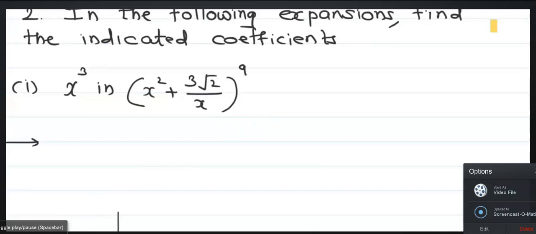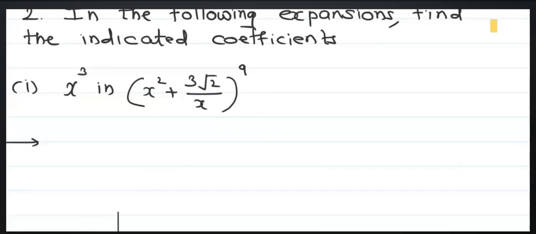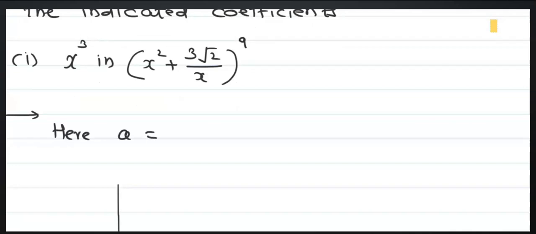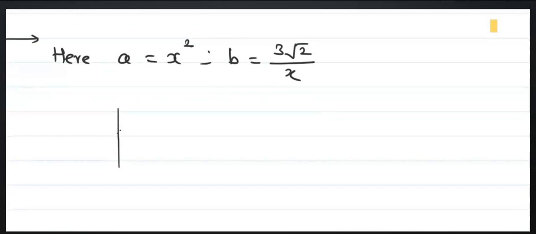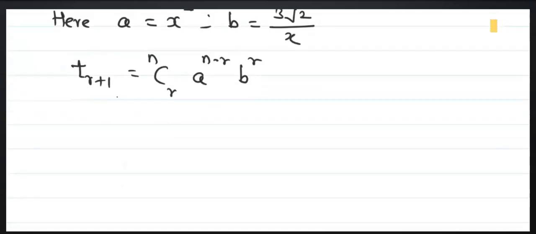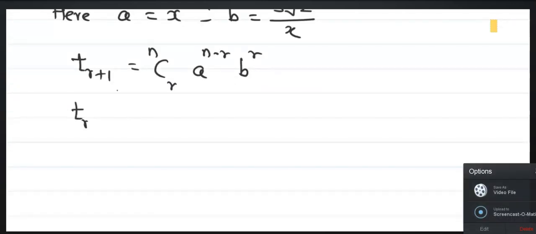It's again very simple. The same formula we apply here also. Here a is equal to x square, b is equal to 3 root 2 upon x. T(r+1) is equal to nCr a raised to n minus r, b raised to r. This is the formula we apply here.